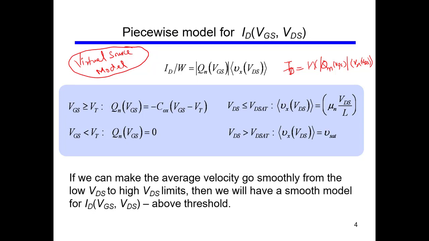The same formula is here, but the W goes on the other side. When VGS is greater than the threshold voltage, then the transistor is on, and we have this equation, which is the charge at the virtual source, equal to minus Cox times VGS minus VT. Again, we have seen this equation.